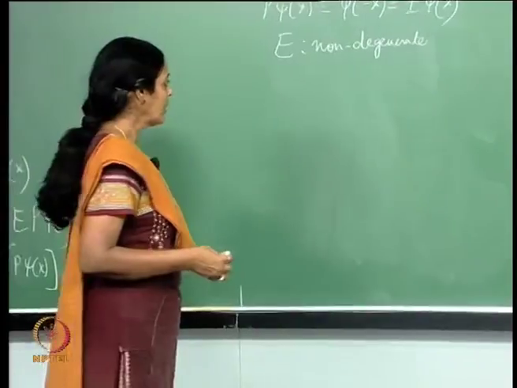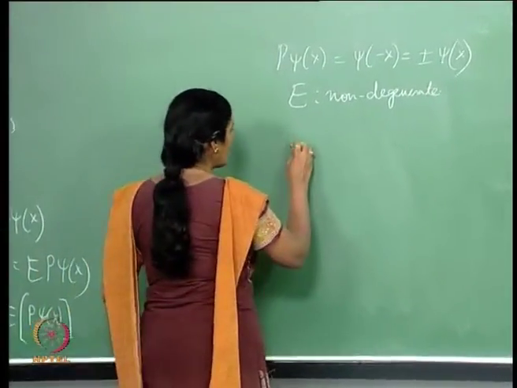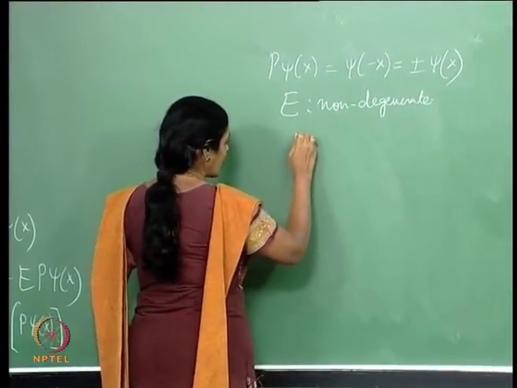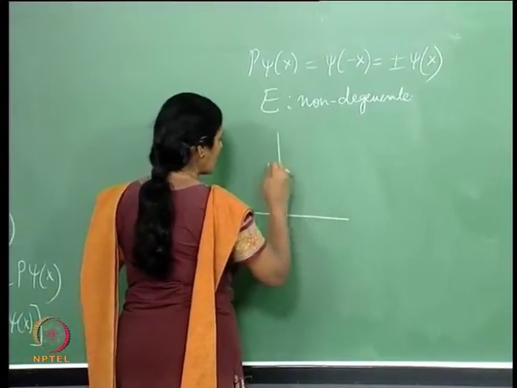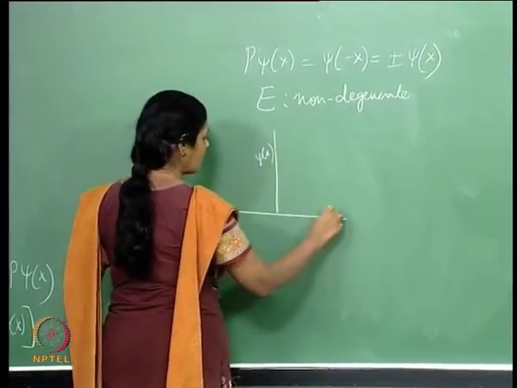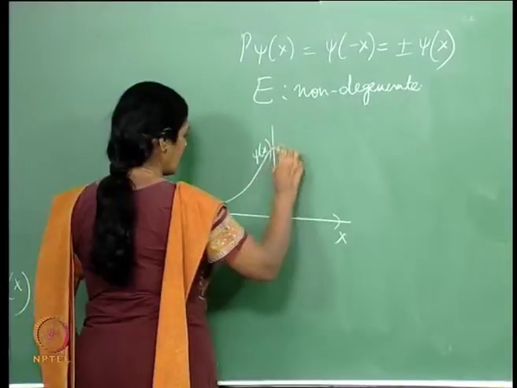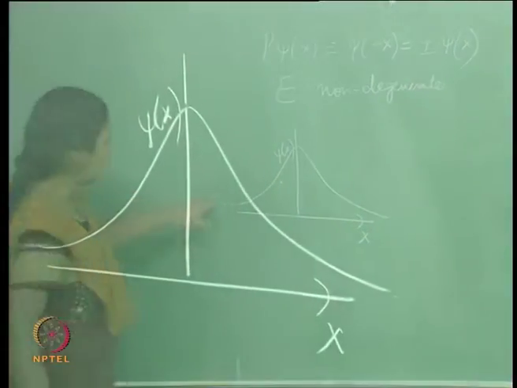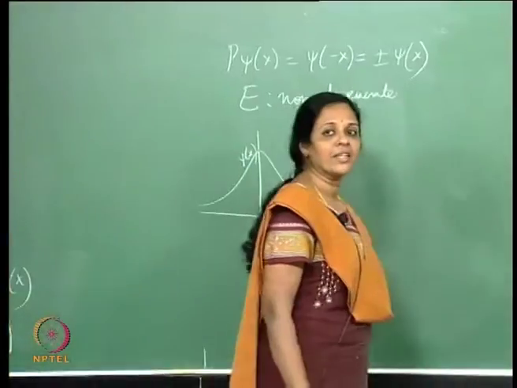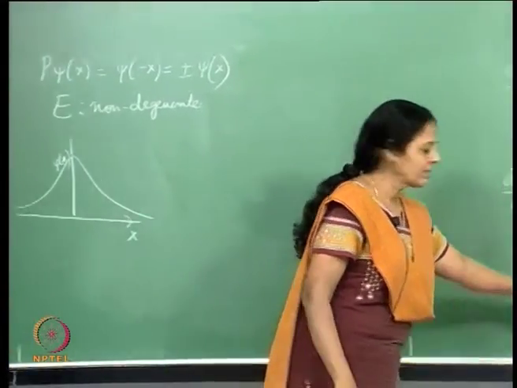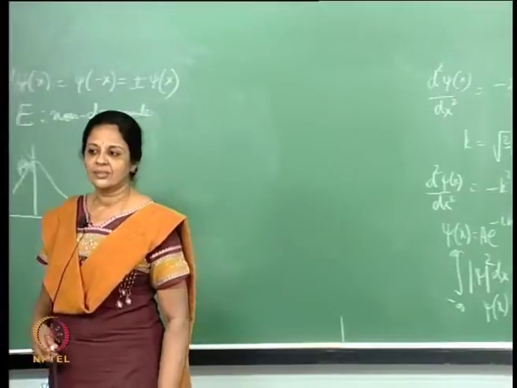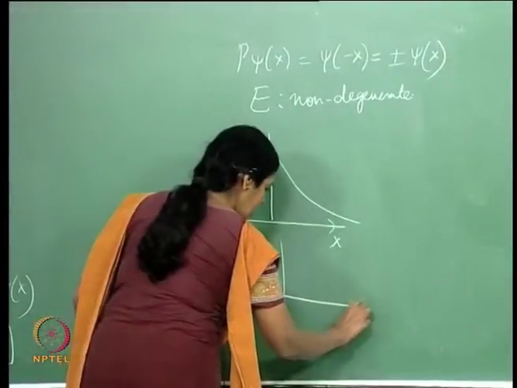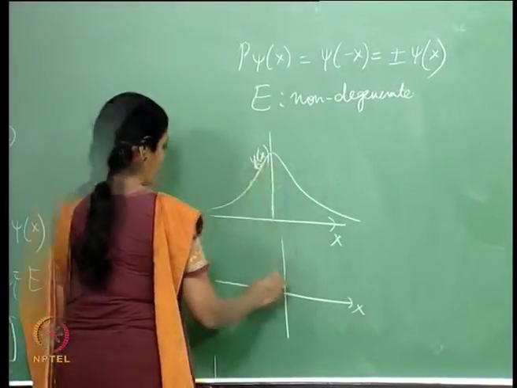And you will recall that in the ground state, we showed that psi of x was a Gaussian function of x, and therefore it's an even function of x, going to 0 as x goes to plus minus infinity, which I would require from my probabilistic interpretation. Here is an odd function of x.